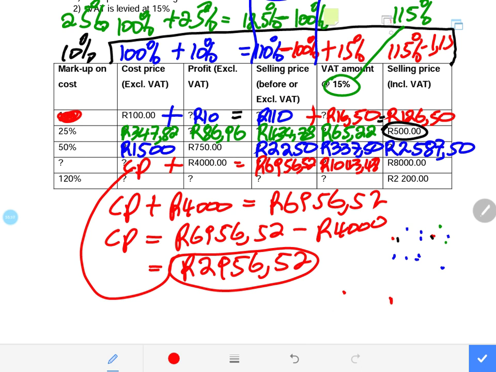This is 135%. So now that means this was out of 135%.